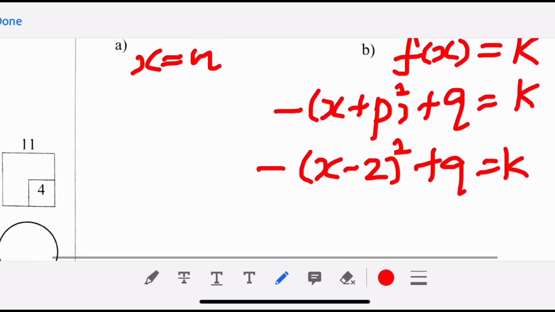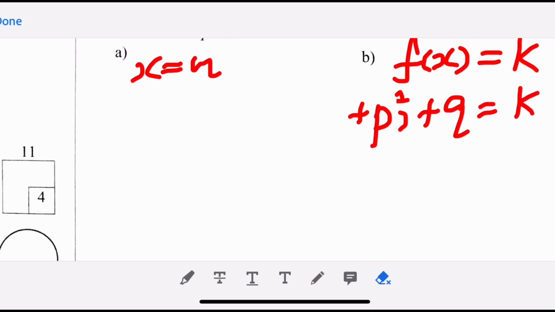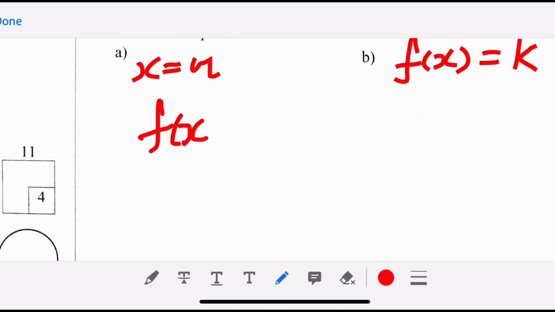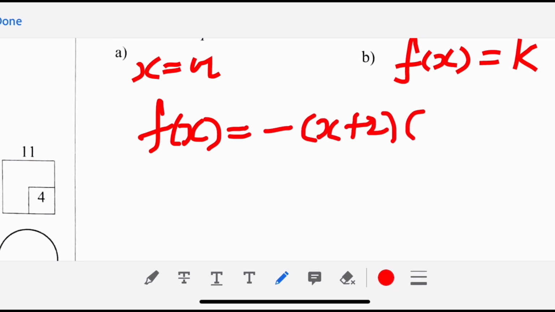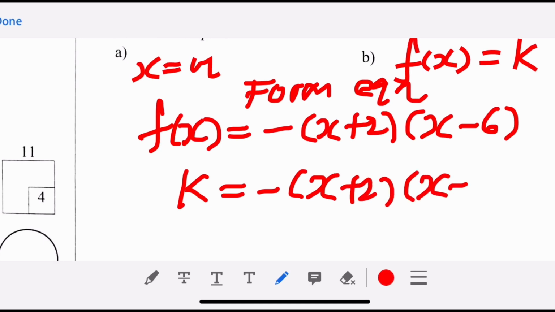We don't have the value of the turning point for y, so we cannot substitute. So what you need to do is form the equation using the two roots: negative (x plus 2)(x minus 6), because you are given the two points, and f(x) equal to k.